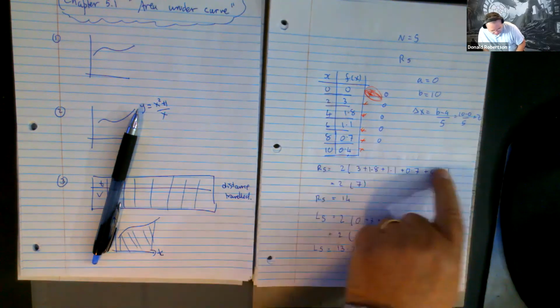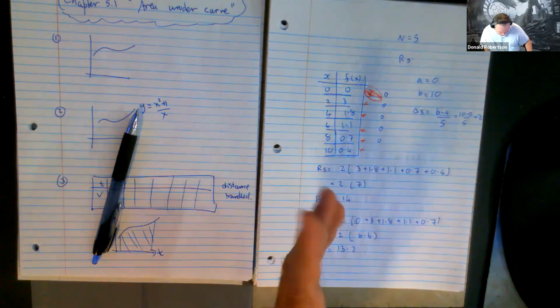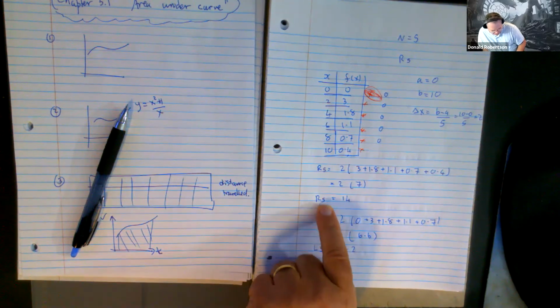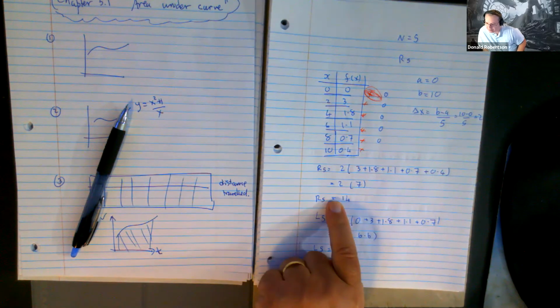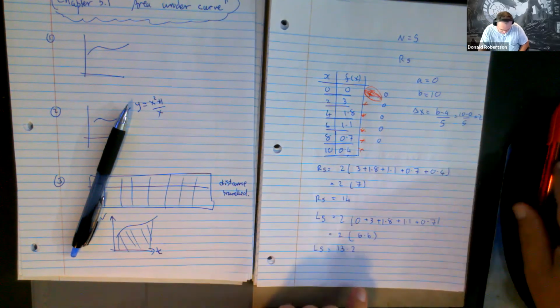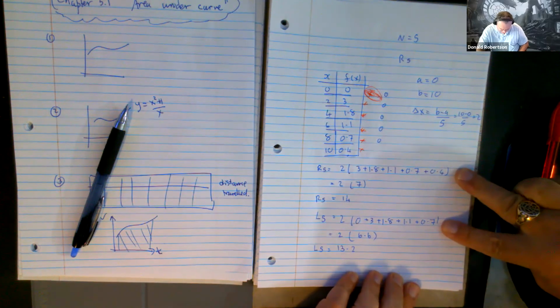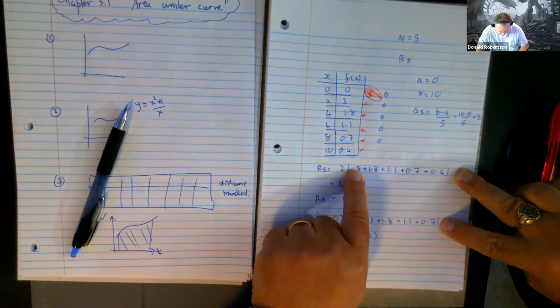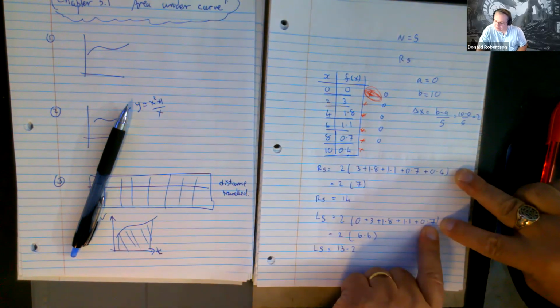You have to get the first one the long way. There's no shortcut to that. But I can actually get the answer to L5 by using my answer to R5. Because when you look at the two of them, aren't they almost the same calculations? What's the difference? Well, this guy has a 3 and this guy has a 0.7.